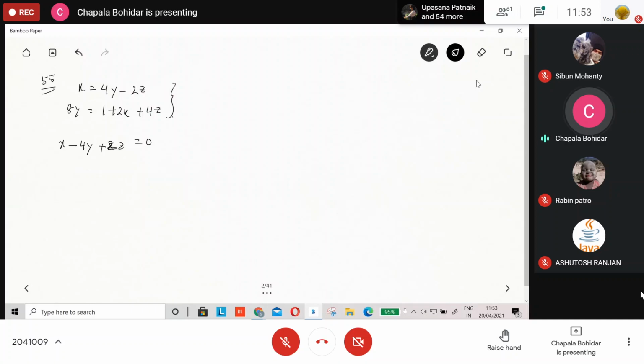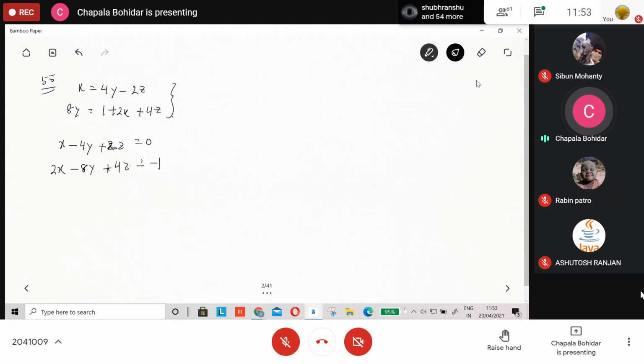The second is 2x minus 8y plus 4z equal to minus 1.